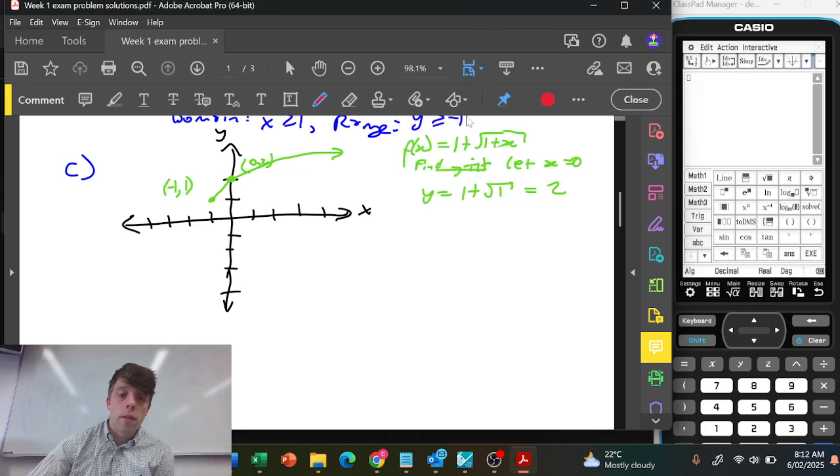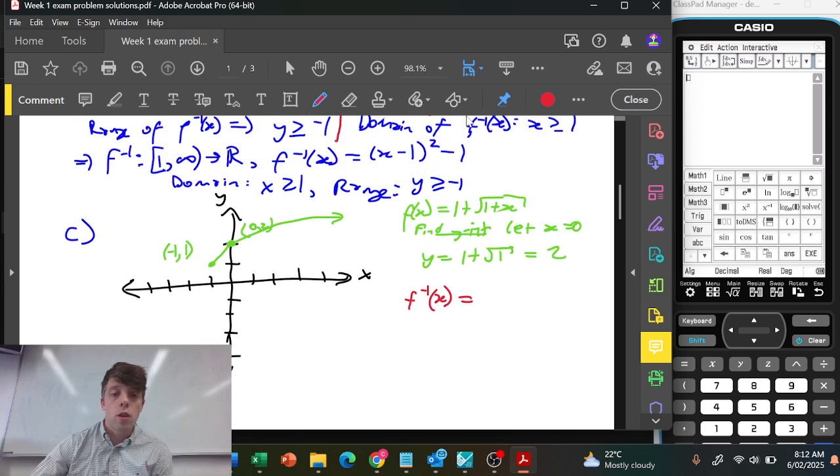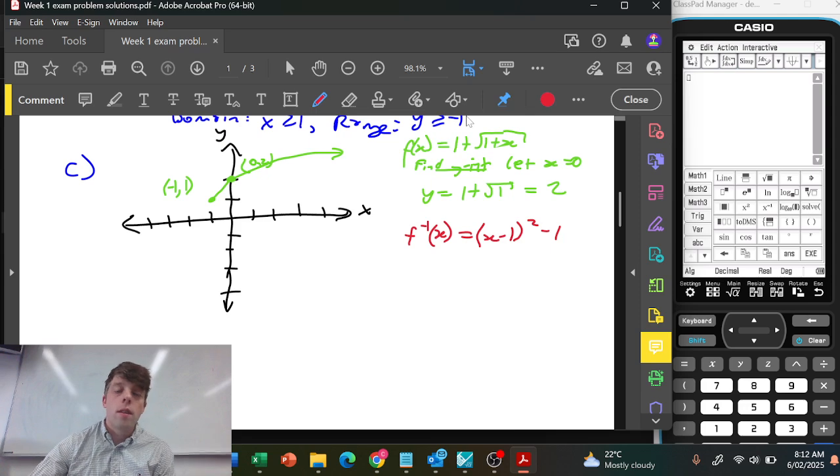All right, moving on, let's look at f of negative 1. So f of negative 1, or f inverse, we found the equation to be x minus 1 squared minus 1. So this here is a parabola that has been shifted to the right 1 and down 1. So it's going to start here at the point 1, negative 1.